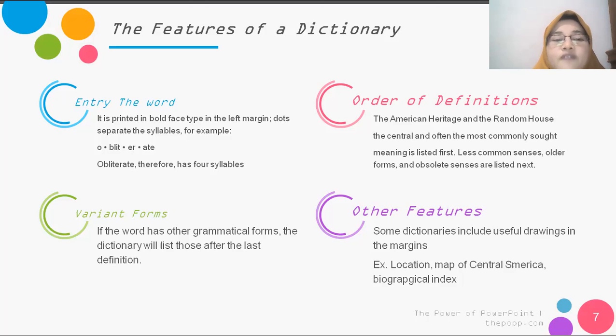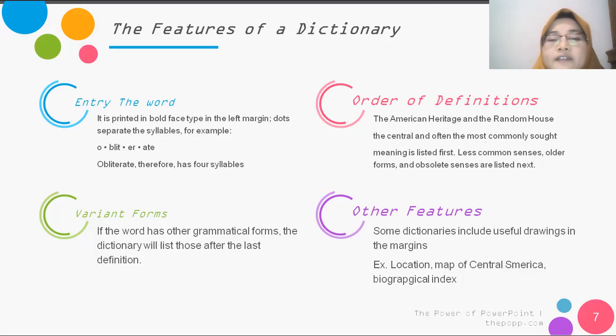Then the variant forms of the word in the dictionary. If the word has other grammatical forms, the dictionary will list those after the last definitions. This depends on the variance of grammatical forms.